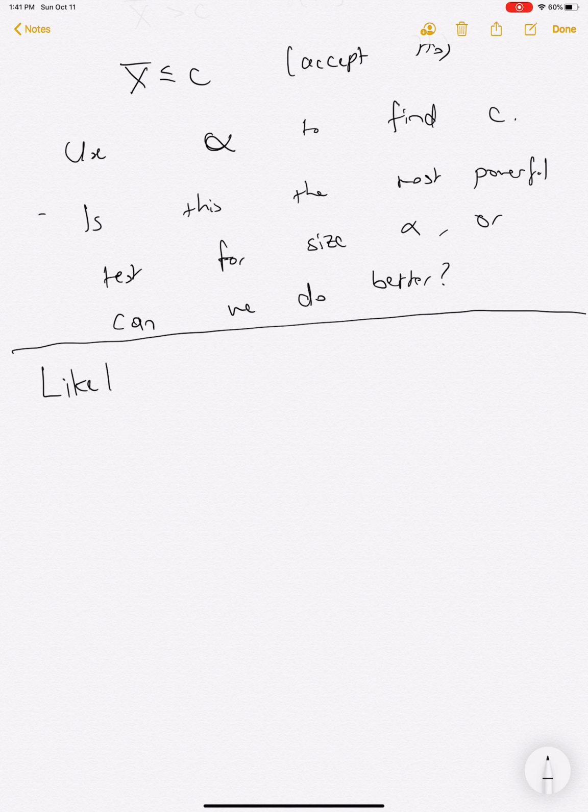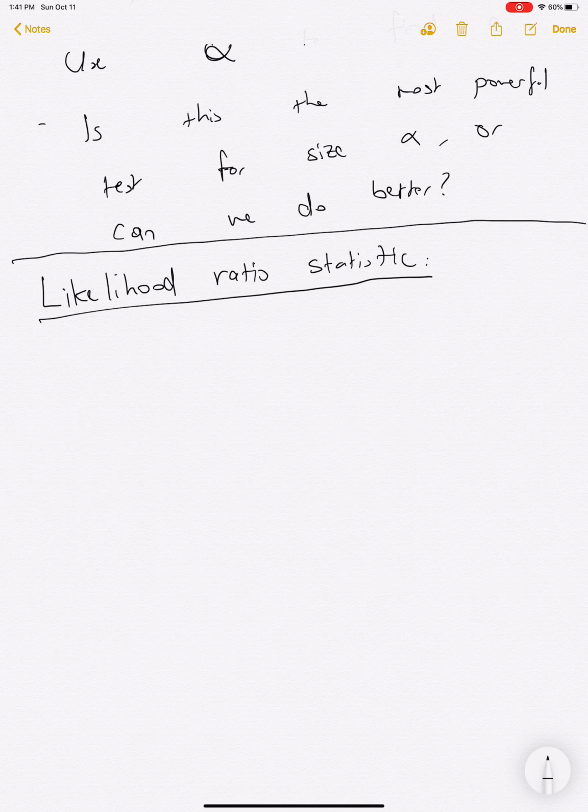And this is very connected to what we learned in chapter 8 on likelihood. So we're going to construct tests based on a likelihood ratio statistic.